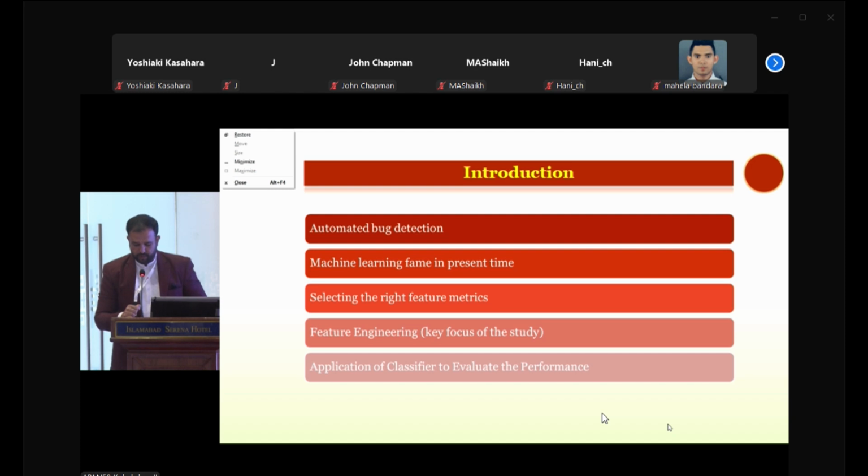Therefore, it is very important to choose the feature matrix carefully. This study is primarily focused on feature engineering. It involves the extraction of features and fine selection of features to get the optimal information. Once the key features are ready with all the relevant information, this study will take the final step of applying classifiers to evaluate the performance.